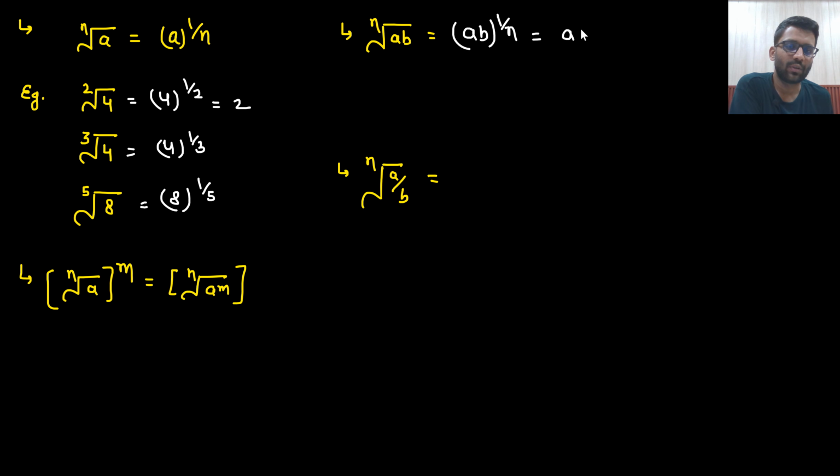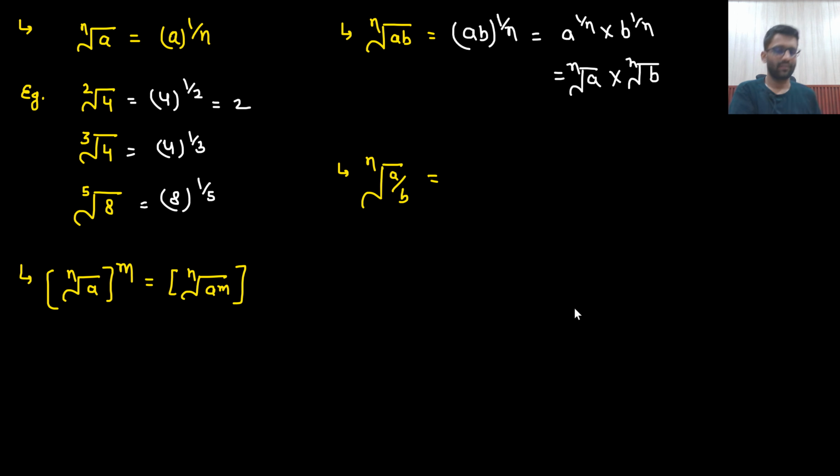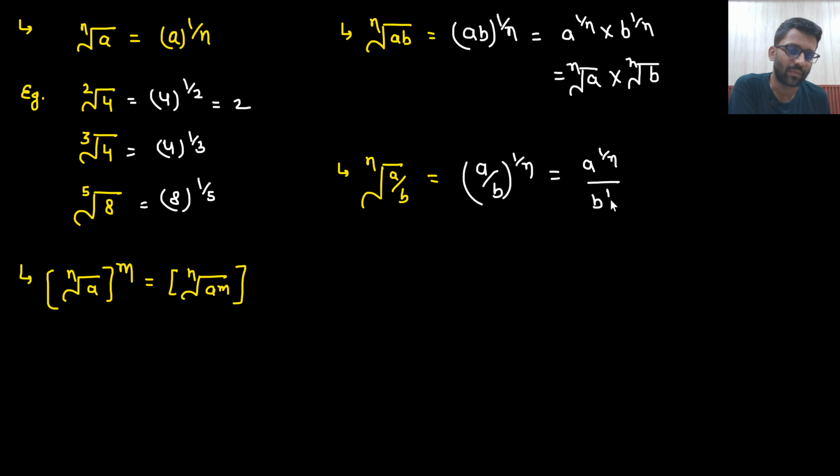So a^(1/n) into b^(1/n) can be written as the nth root of a, the nth root of b, right? What about (a/b)^(1/n)? I can write a^(1/n) divided by b^(1/n), and this can be replaced with the nth root of a divided by the nth root of b.